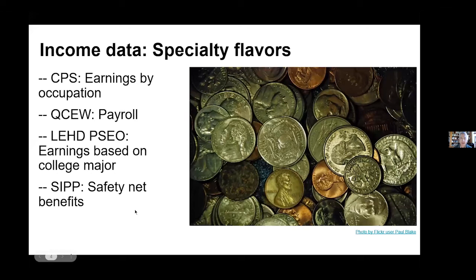So it basically links people's formal education with their earnings, and you can start to see some patterns in terms of how much money people of various educational backgrounds make. And then finally, the Survey of Income and Program Participation is a national survey, but it also goes into great detail on who collects and for how long, the kind of safety net benefits that governments provide.